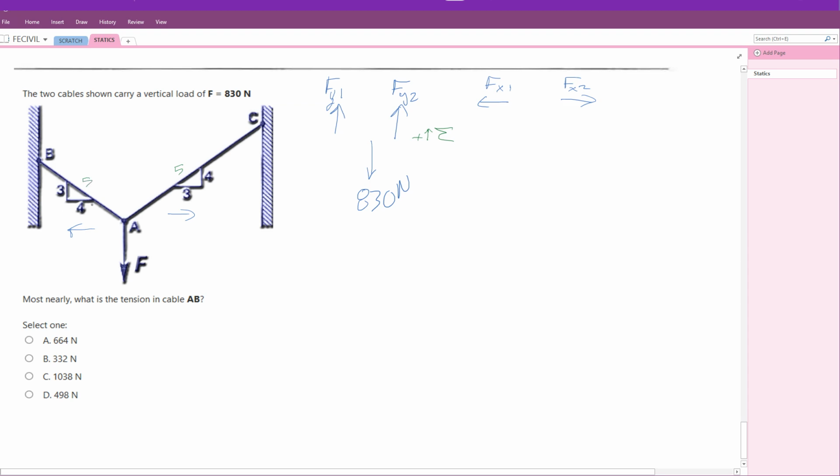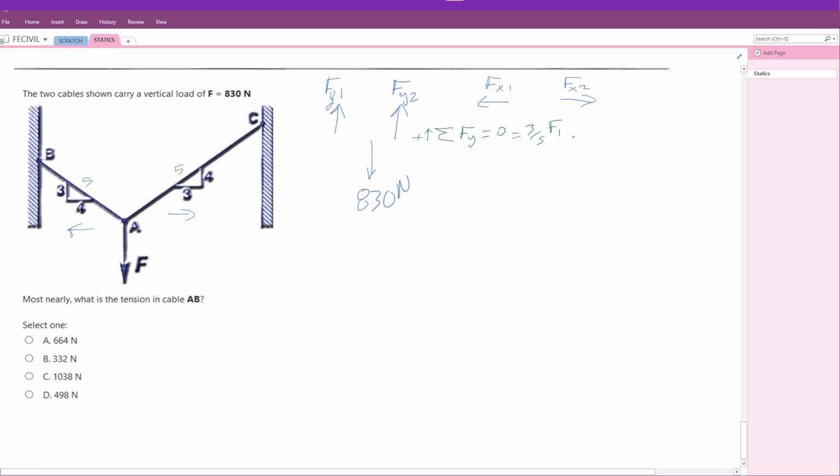It's also known as the 3-4-5 triangle. Or you can calculate it if you don't know. Since we're taking the vertical component, I'm going to start with this one. The vertical component is just 3/5. Sum of Fy equals 0, which equals 3/5 F1.